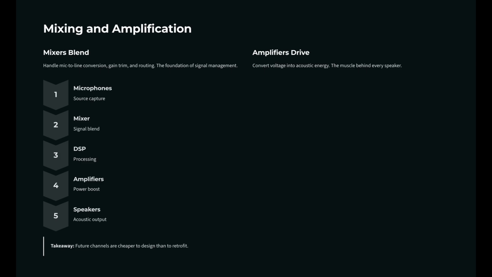Mixers blend and amplifiers drive. Mixers handle mic to line conversion, gain trim, routing, but power amps convert voltage into acoustic energy. Plan for expansion, extra inputs, extra outputs, and phantom power. Future channels are cheaper to design than retrofit. Retrofit is always more expensive.